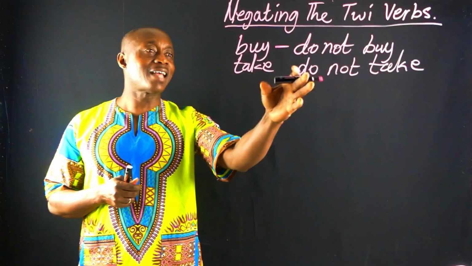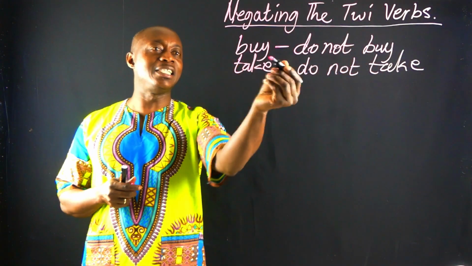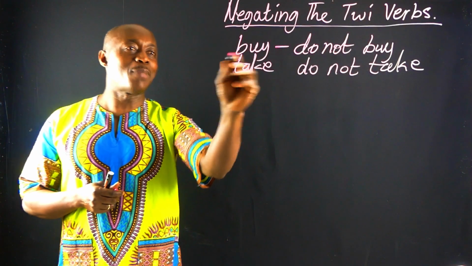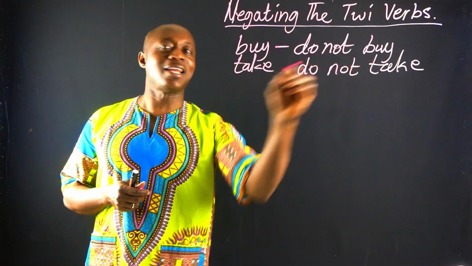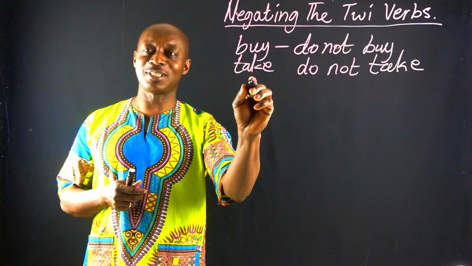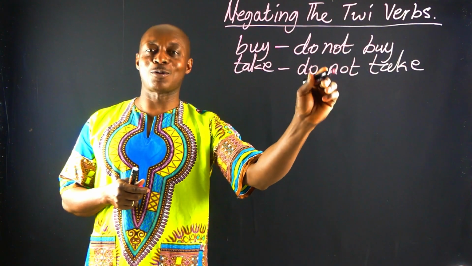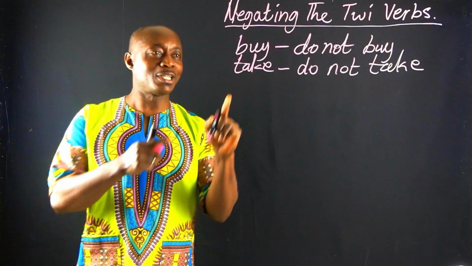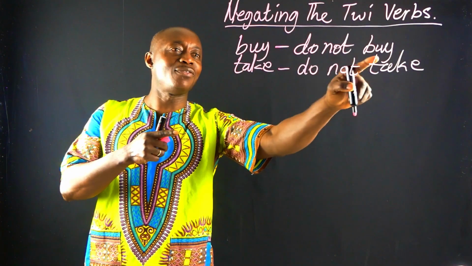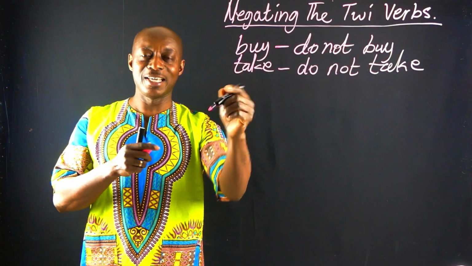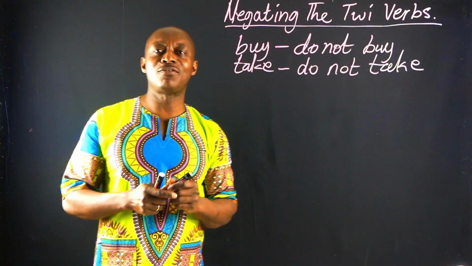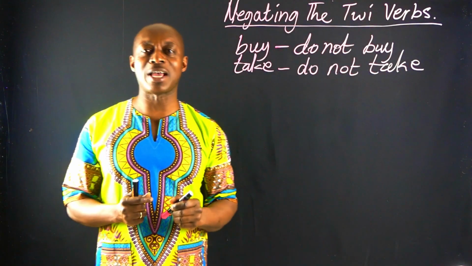Yes, these are the negative forms of these verbs. Buy, positive. Do not buy, negative. Take, positive. Do not take, that is negative. So this is what we mean by negative verbs and positive verbs. In Twi, we also have negative verbs as well as positive verbs.